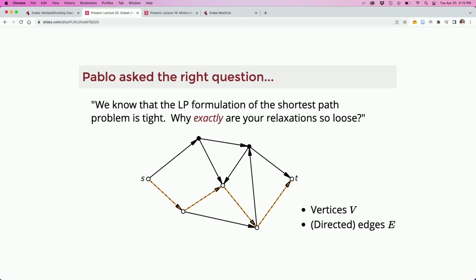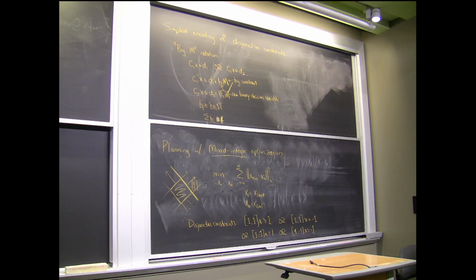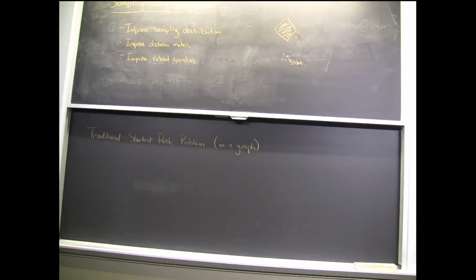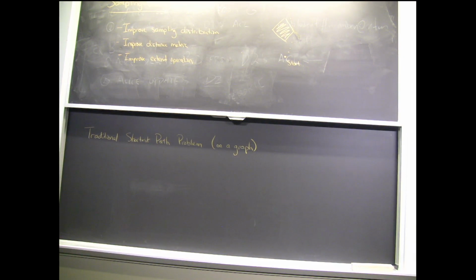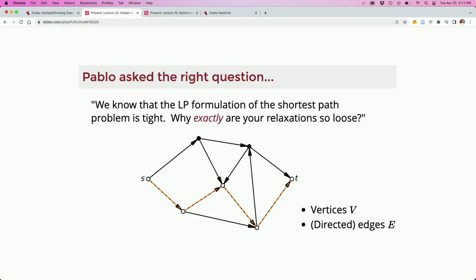Okay, so if I have a traditional shortest path, imagine I've got this graph here, so this is just a directed graph with a number of vertices V, okay, directed edges E. I've got a source S and a target T. I could put weights on the different edges, and the goal is just to find the weighted shortest path from start to the goal.